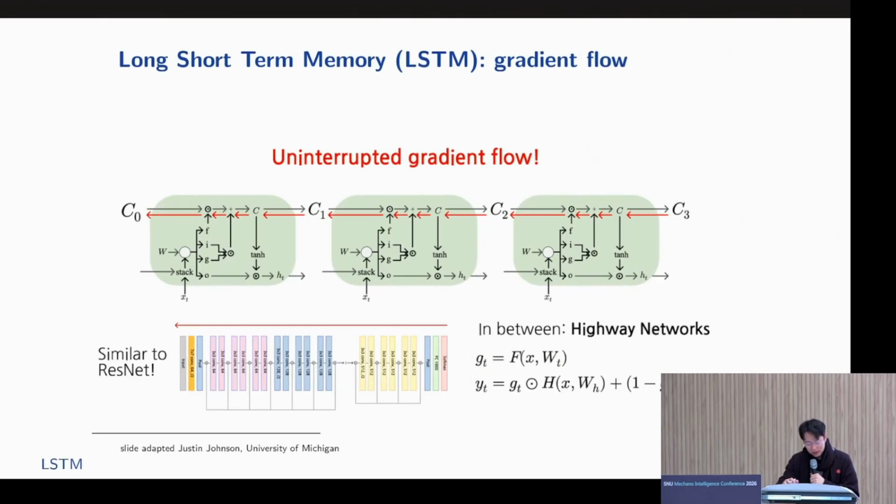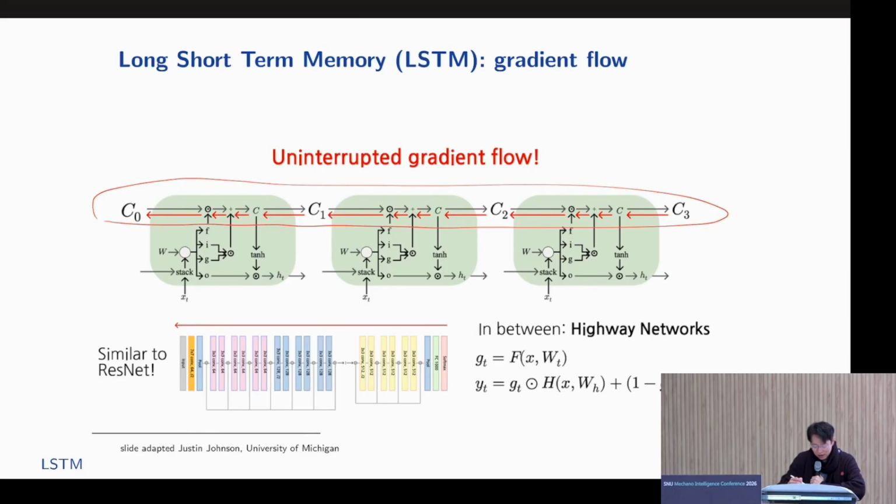So it's less prone to this gradient flow problem that we saw in the vanilla RNN case. So the cell states can pass information from one state to another without matrix multiply.